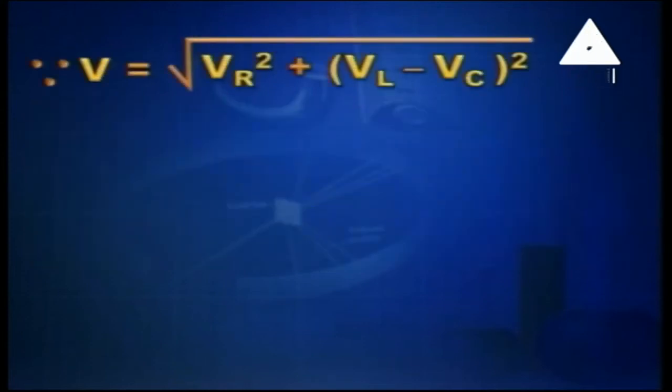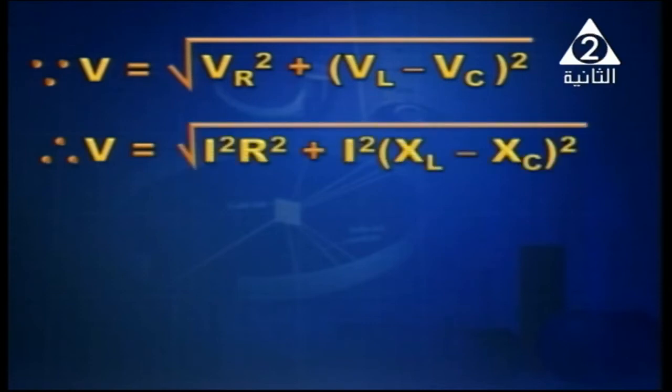And now V is equal to the square root of VR squared plus (VL minus VC) all squared. So we can say VR squared is equal to I squared R squared. VL squared is I squared XL squared. So I squared will be taken as a common factor between two brackets: (XL minus XC) all squared.